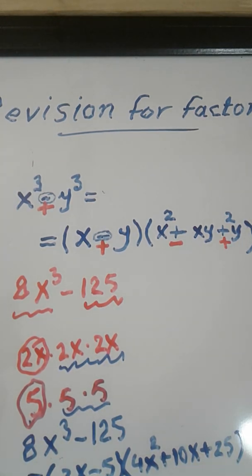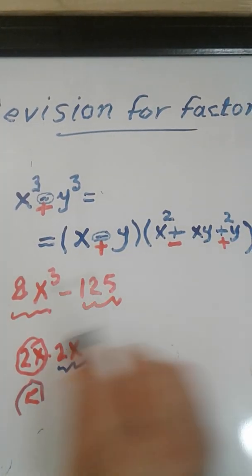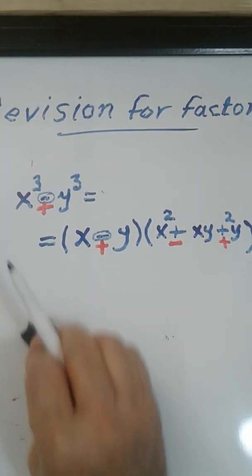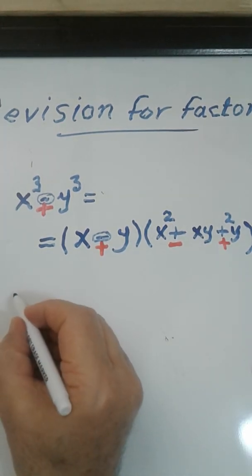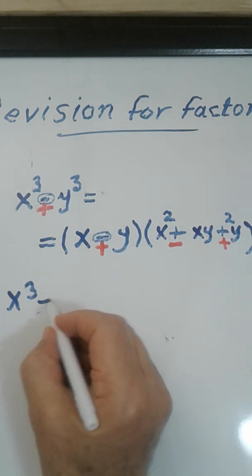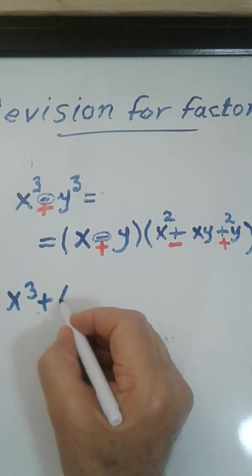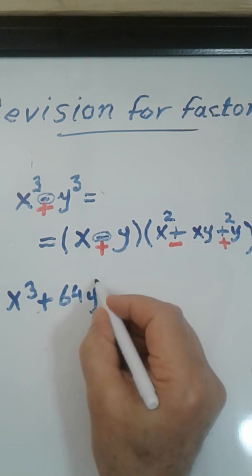Okay? This is for the difference. So what about adding? For adding, let us take x cubed plus 64y cubed.